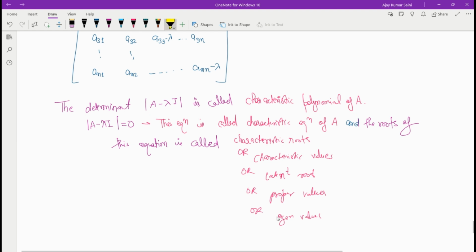So you need to remember this, okay. And all these names are different but the term is the same, okay.